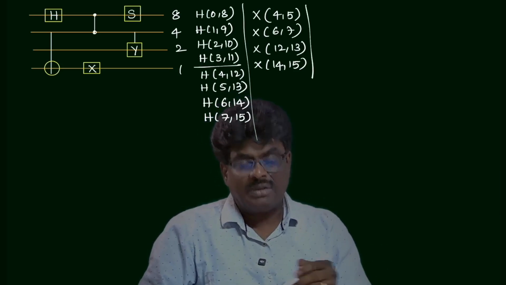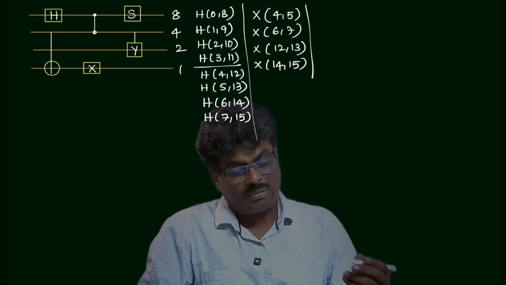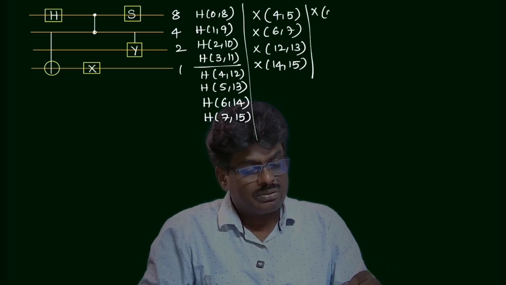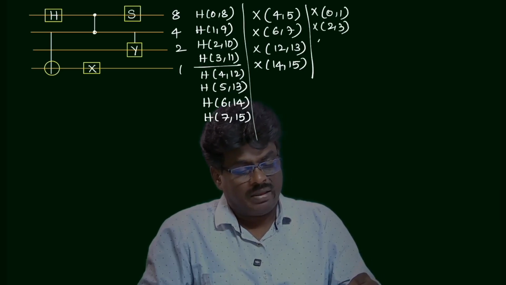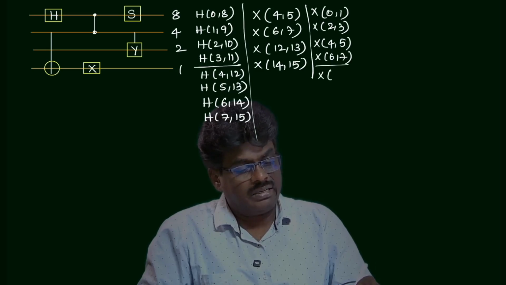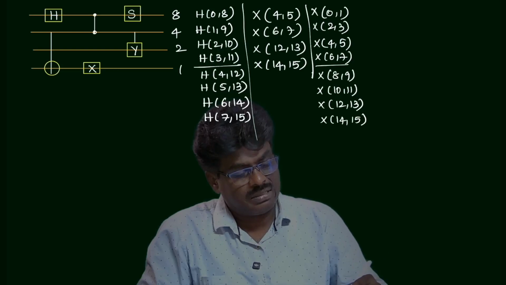Next we can take either X or this controlled Z, anything you can take, it's not a problem. I'm taking X again because X is side by side, it's better. So on 1, adding 2, next adding 4, next adding 8.